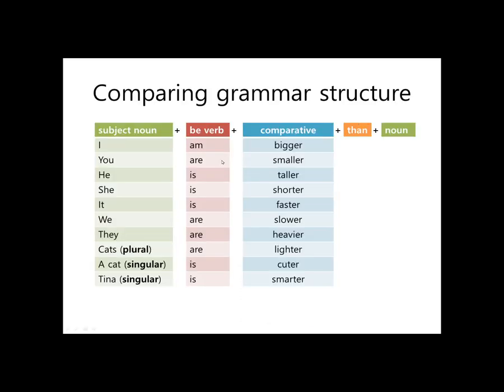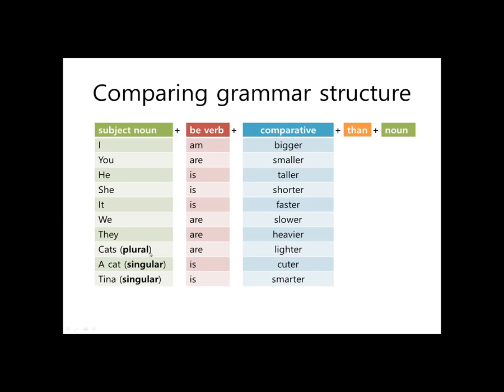Okay, so what is important is we need to match our subject with our be verb. So I am, you are, he is, she is, it is, we are, they are.